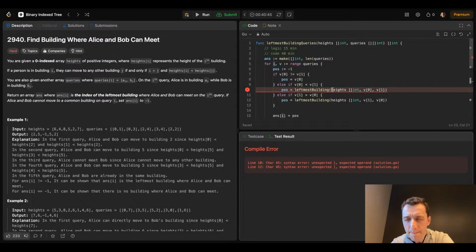Leftmost building. When we call it, we don't need to pass the type. Yeah, we just need to call it.